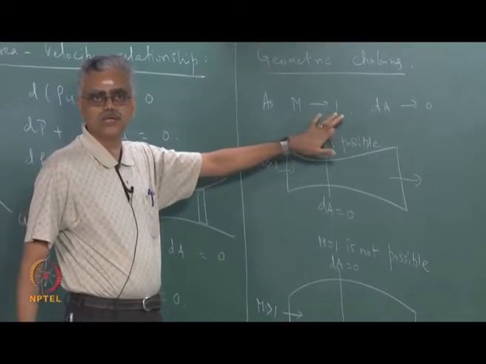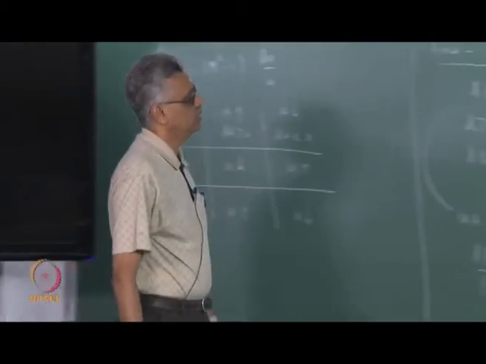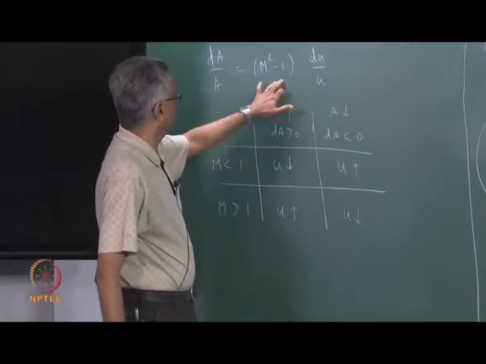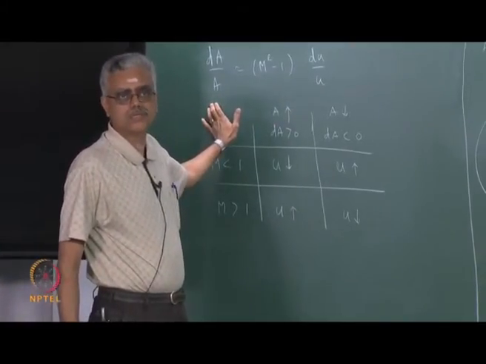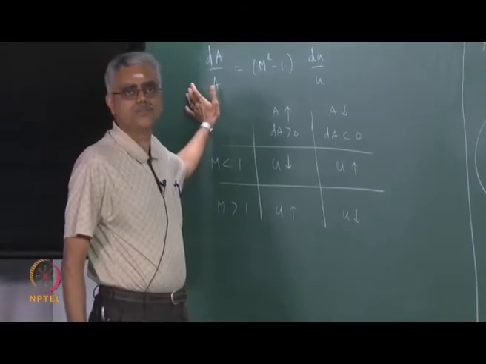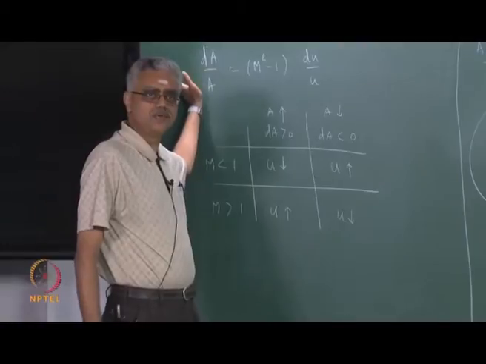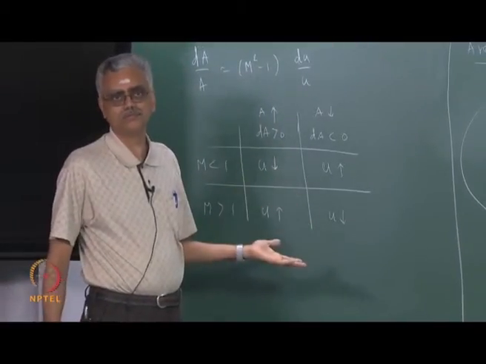That is okay. Now what about the converse? If you look at this equation, we have seen that as M goes to 1, dA has to go to 0. The converse is, if dA goes to 0, what can we say about M? The left hand side of this equation, if it tends to 0, what can we say about the right hand side? Does M have to go to 1?